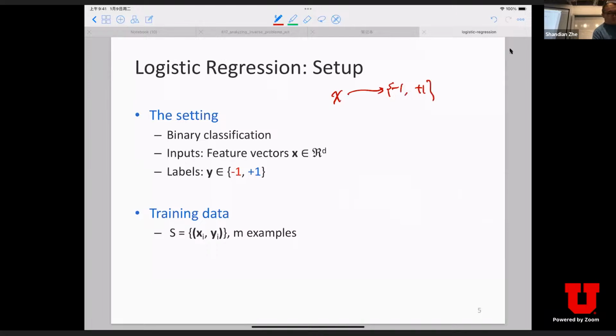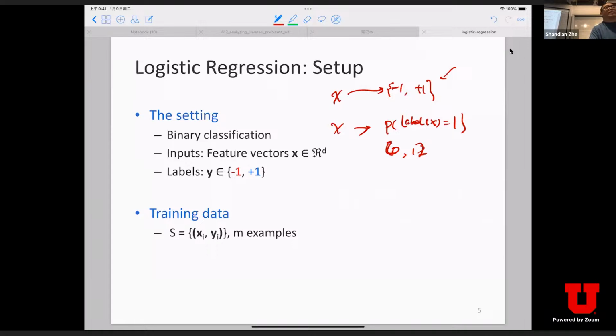This is what SVM or other linear classifiers we have are doing. But in the Bayesian learning notion, we actually map X to a probability. This probability characterizes the chance that the label of X is 1. That's why it's called regression, because the probability is a continuous value between 0 and 1. It's not a discrete value, like either 1 or -1.